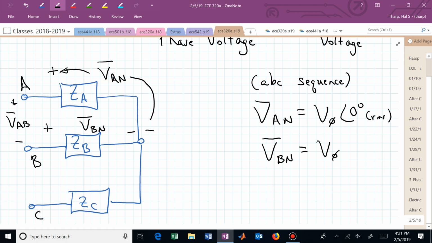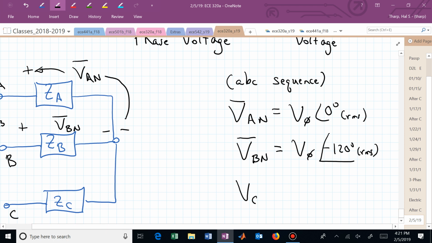So now an ABC sequence says if you're standing there and watching, you see the A phase, then the B phase, and then the C phase. So that means B is at minus 120. And that's also RMS.